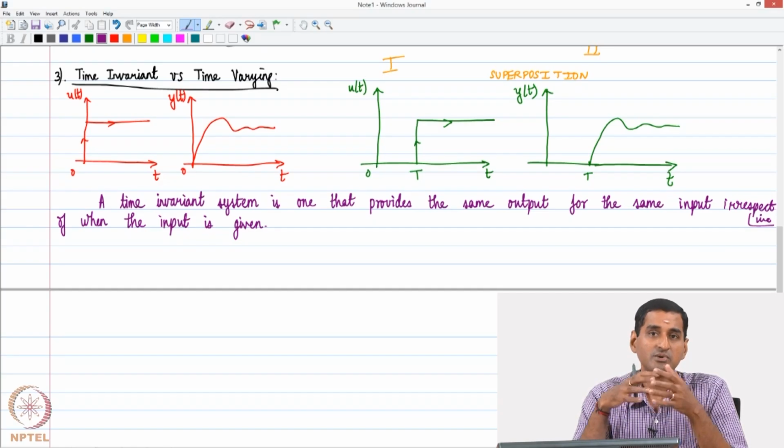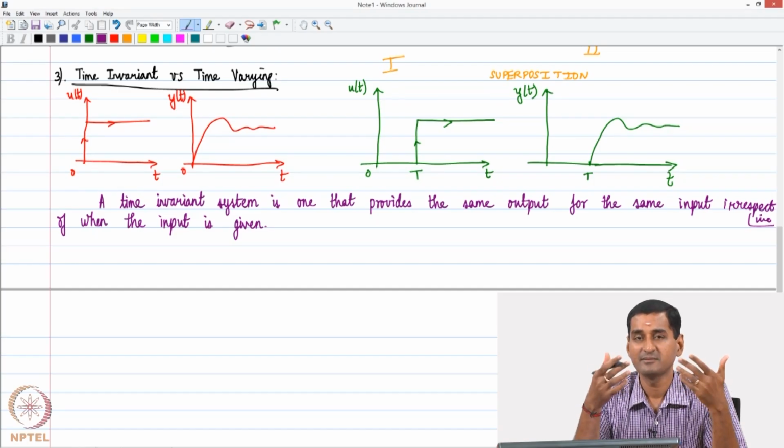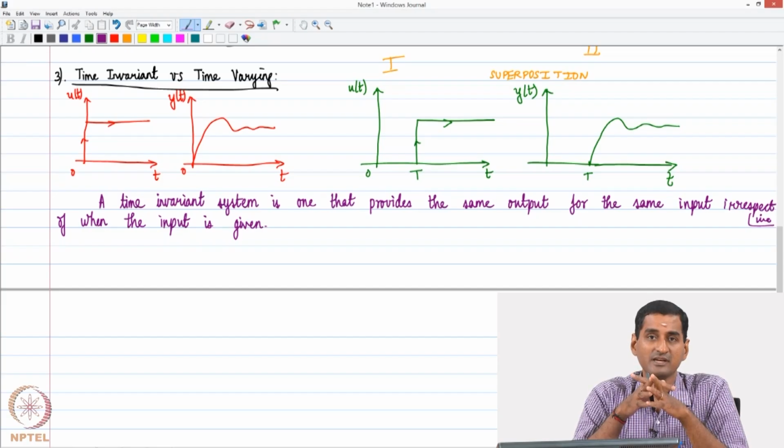So, one gets the idea where we are headed. All systems have characteristics, or dynamic characteristics, that change with time due to various factors. In the case of a fan, there may be some wear and tear, the components might have become old, so the system's response changes.